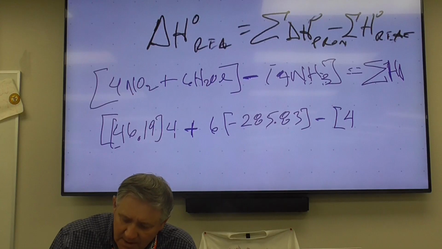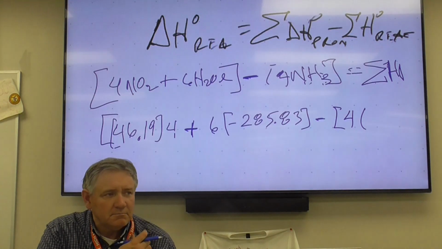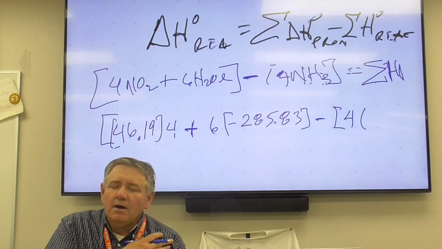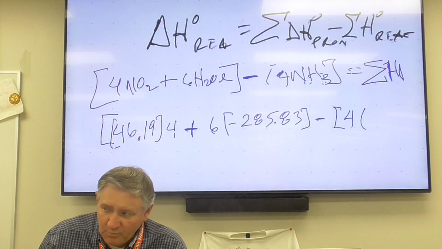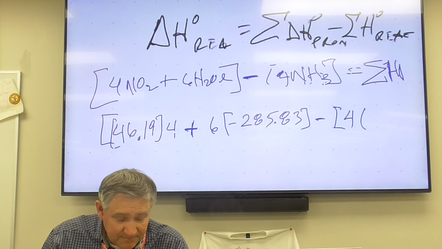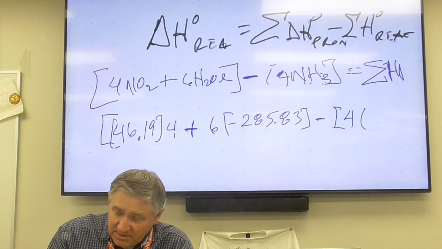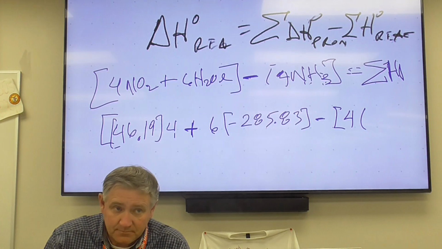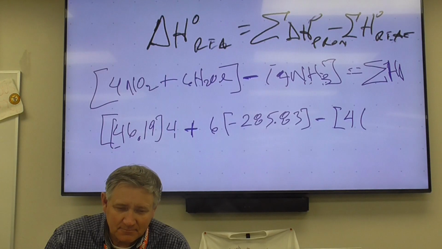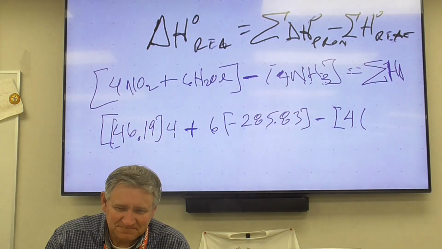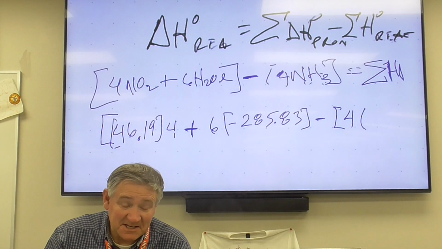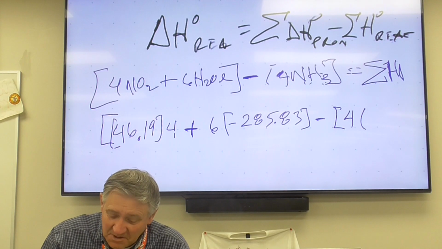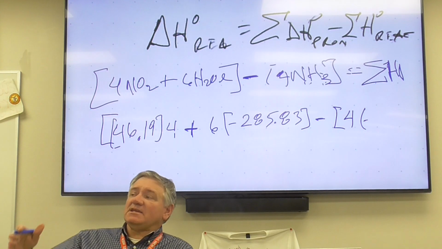4.76. Now, here's the deal. When you look at that chart, is your NH3 a positive or negative number the way it's written on the chart? Negative. So keep that as a negative.